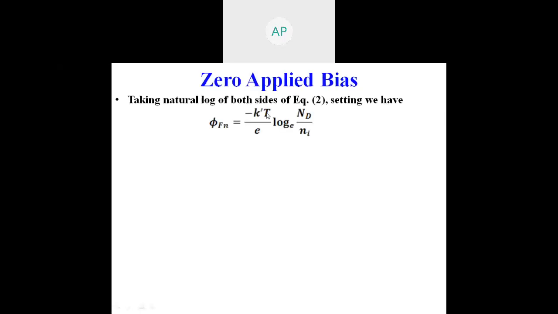Taking the natural logarithm on both sides of equation 2, we have phi_n equal to minus kT divided by e log of Nd divided by Ni.